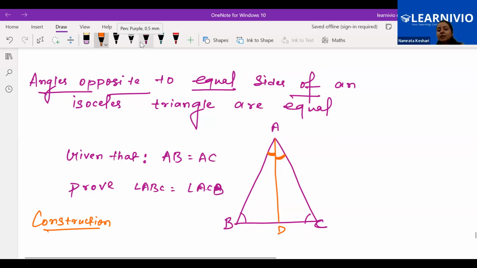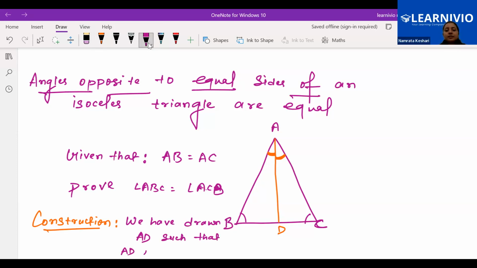AD works as a bisector of angle A. We have drawn AD such that AD is bisector of angle BAC. Okay. Now these two angles will be same.